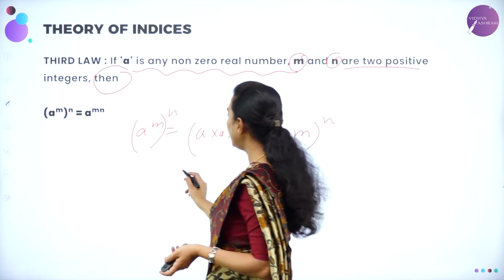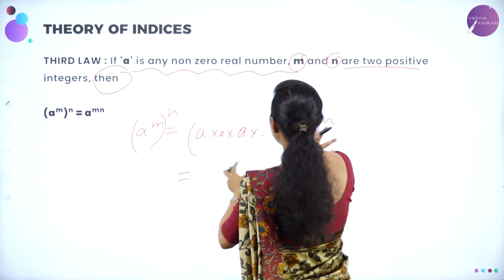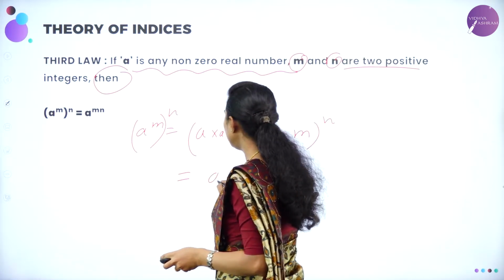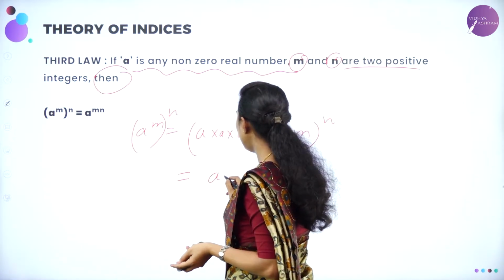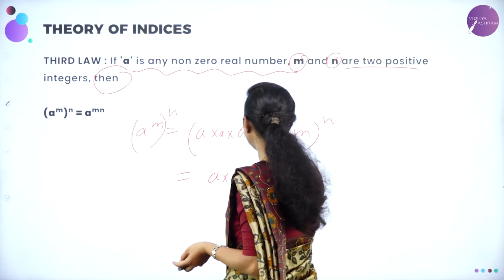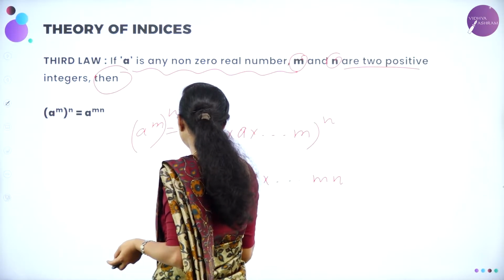So that means you are going to have it as a power n, which will be n times. So you are going to have it as a into a up to mn times, which will become a power mn.